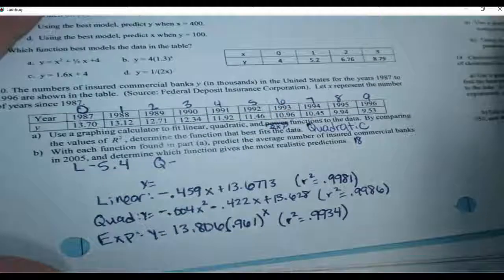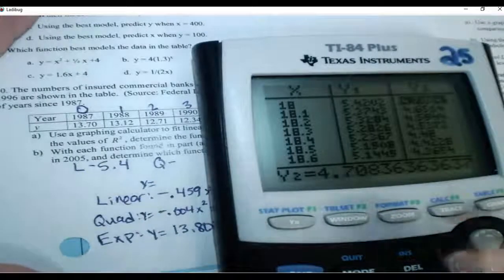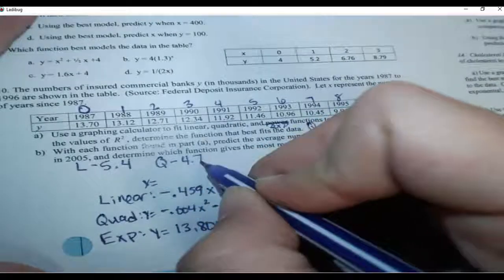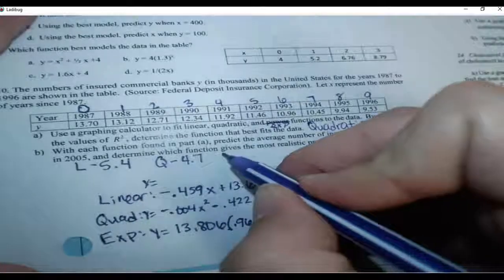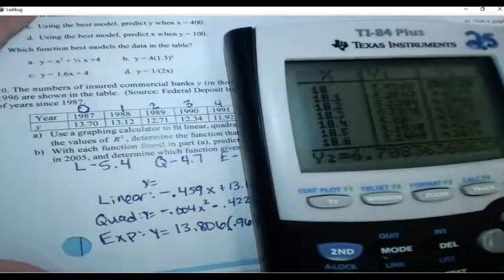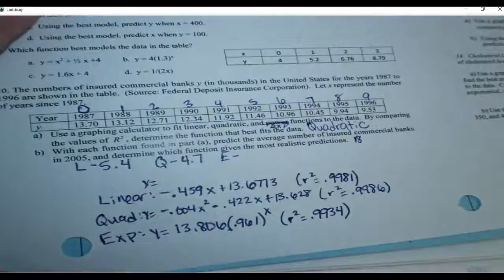Okay. Y2 was our quadratic, so it would predict 4.7. And then y3 was our exponential, so if you click over, it takes you to y3, and it would predict 6.7.